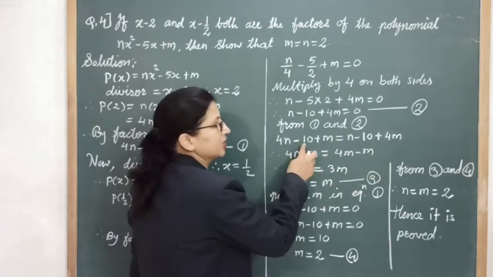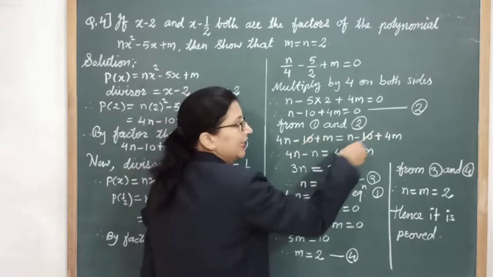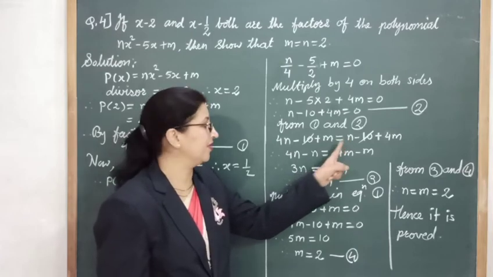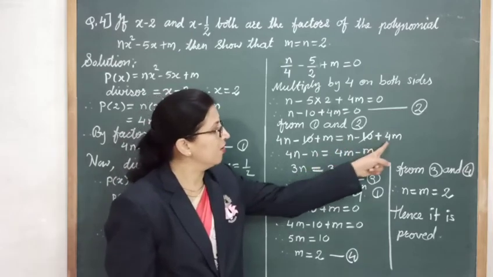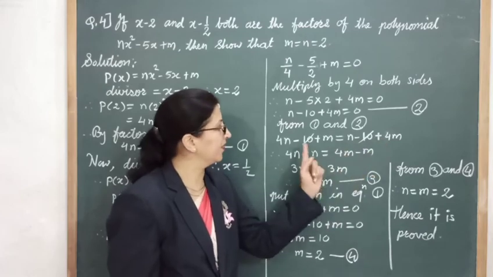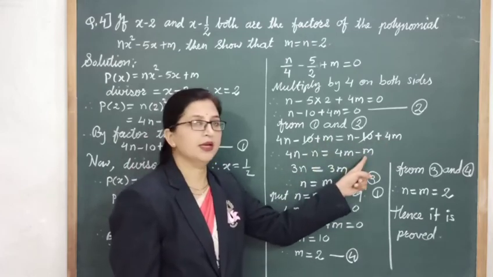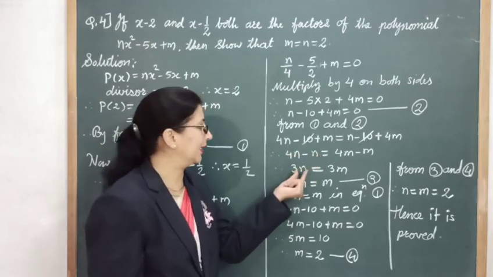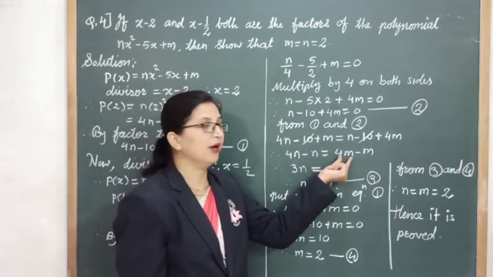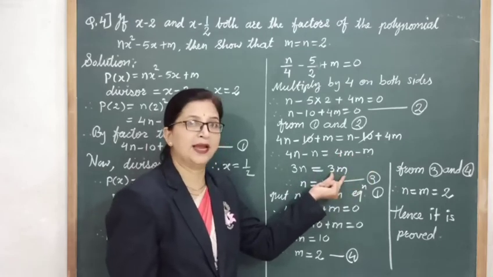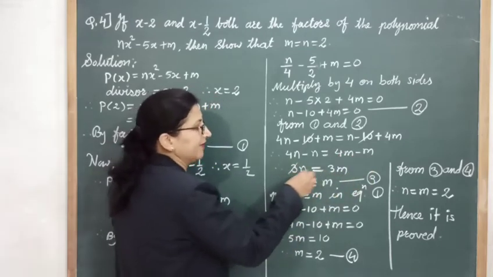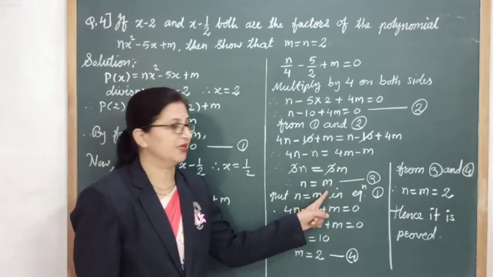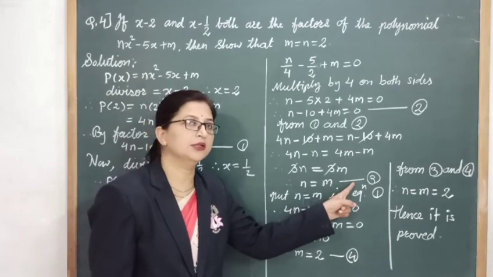The negative 10 gets cancelled. The positive n moves to the other side and becomes negative, and similarly the positive m becomes negative m. So 4n minus n is 3n, and 4m minus m is 3m. This 3 will cancel, and we get n is equal to m. Let's call it equation number 3.